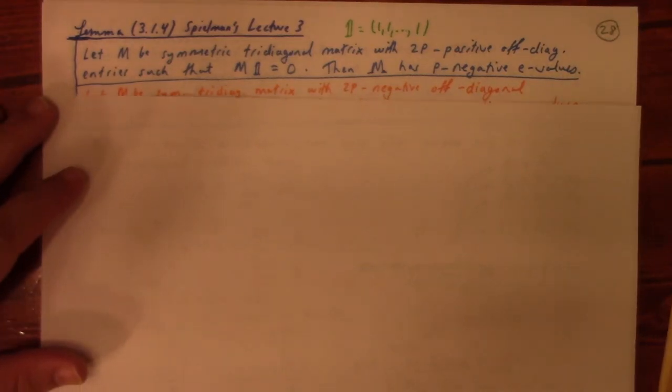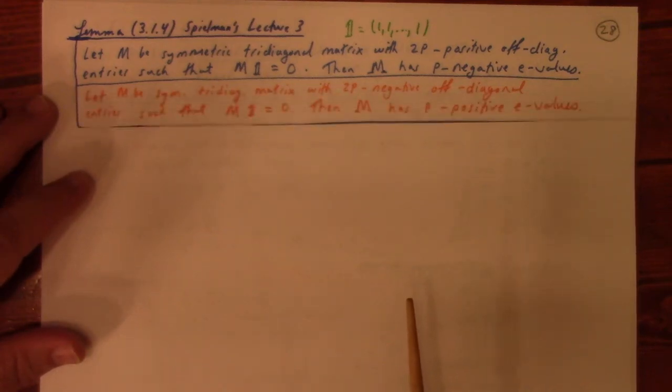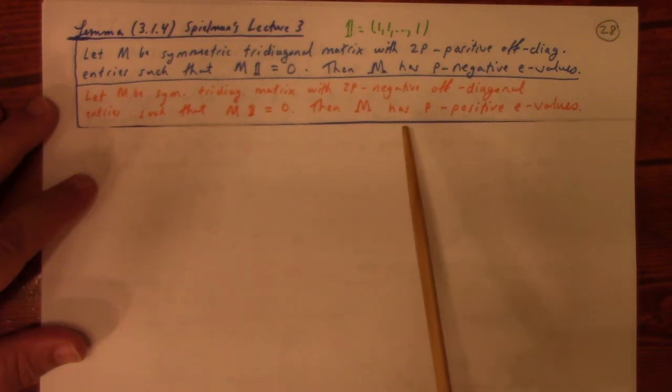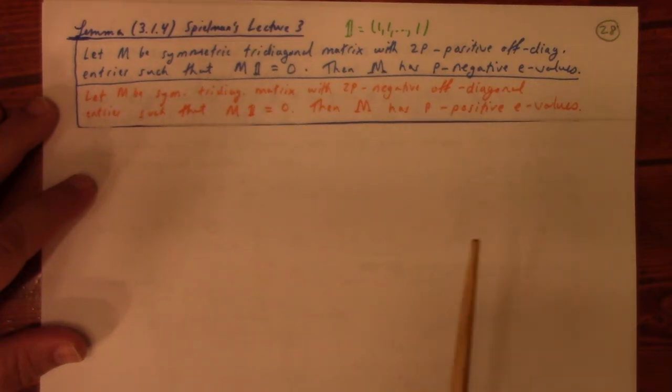If you have 2p positive off-diagonals, then it has p negative eigenvalues. On the other hand, similarly, if you had 2p negative off-diagonal entries, then you'd have p positive eigenvalues.